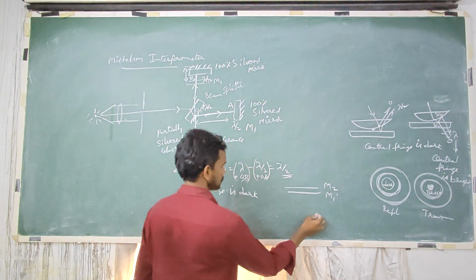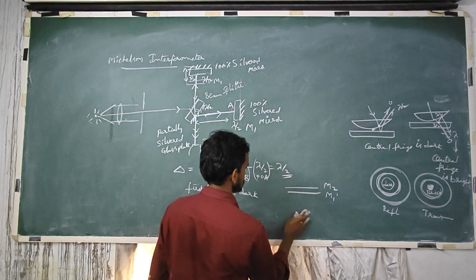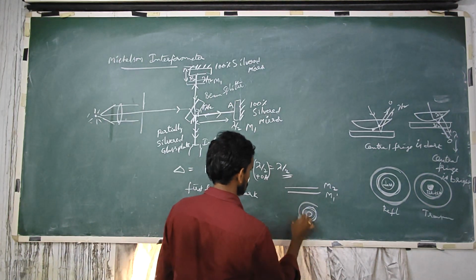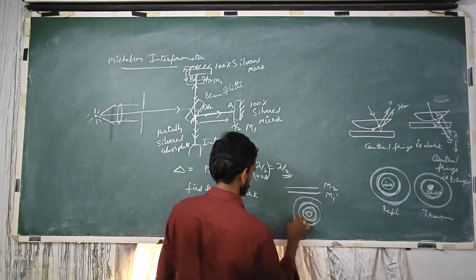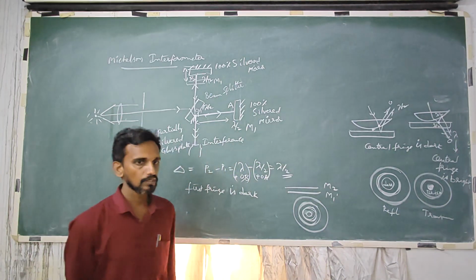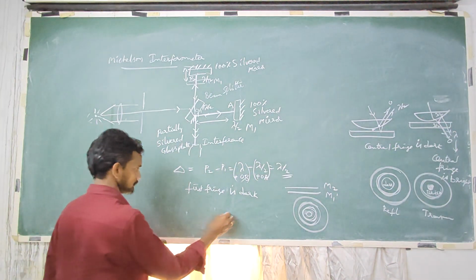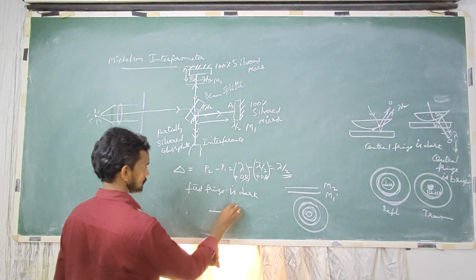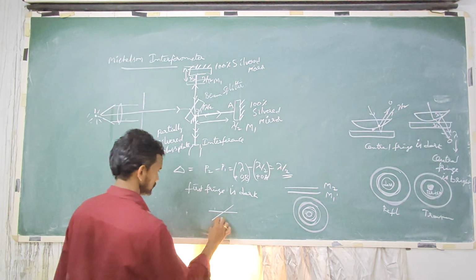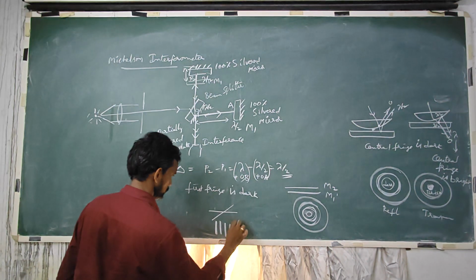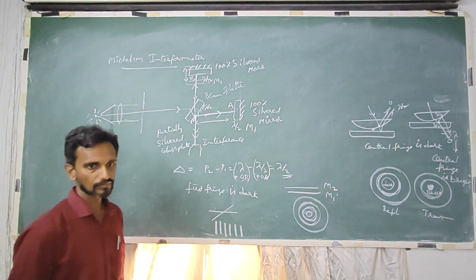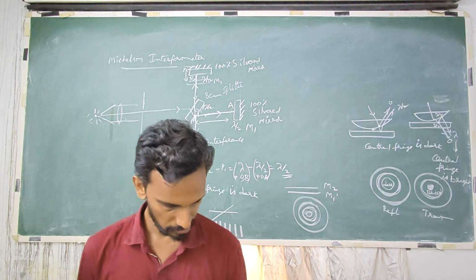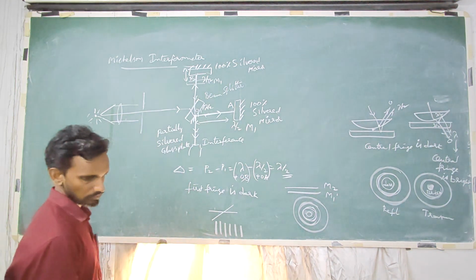You get circular fringes. Central fringe is dark, other fringes are bright and dark alternately. And if they are crossed, you get straight lines. Okay. And that's all.